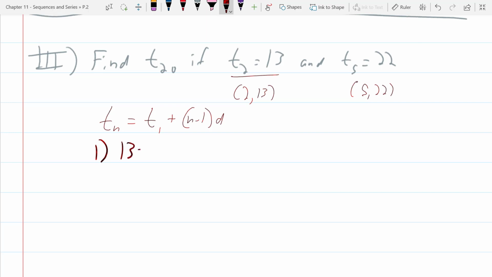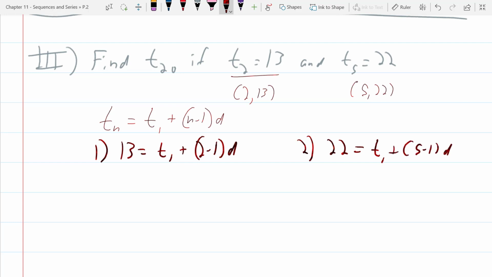So 13 is equal to T of 1 plus 2 minus 1 times d, and then equation 2 is 22 is equal to T of 1 plus 5 minus 1 times d.